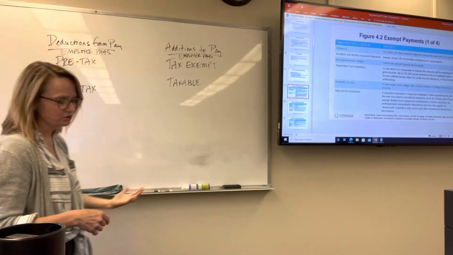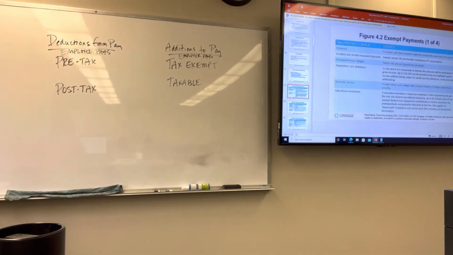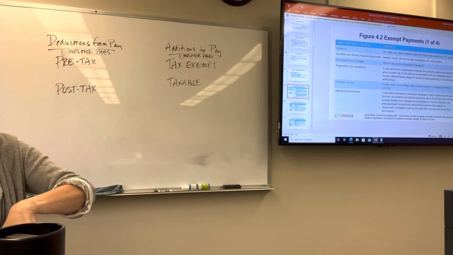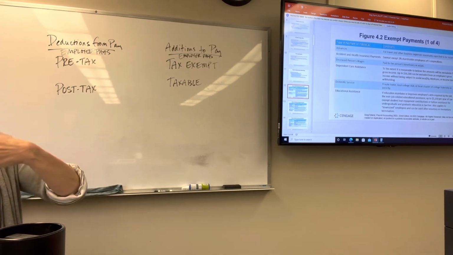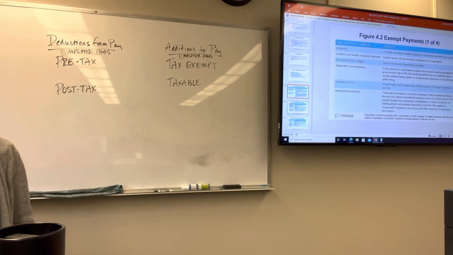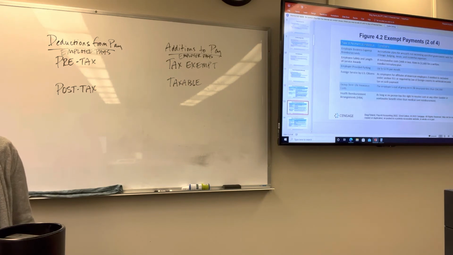So usually with childcare and that sort of thing, up to $10,500 is not included in the employee's gross income. There's also dependent care assistance where the employee contributes to a fund for dependent care and then uses those funds to pay for dependent care benefits. Let's see. We're talking about the parking.